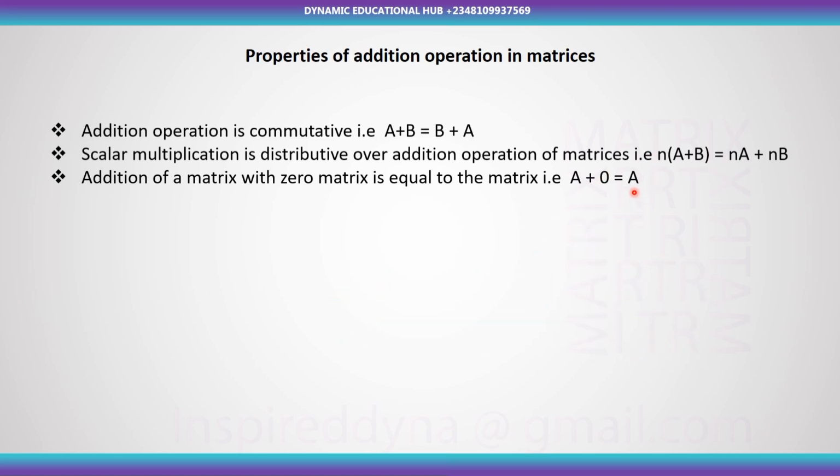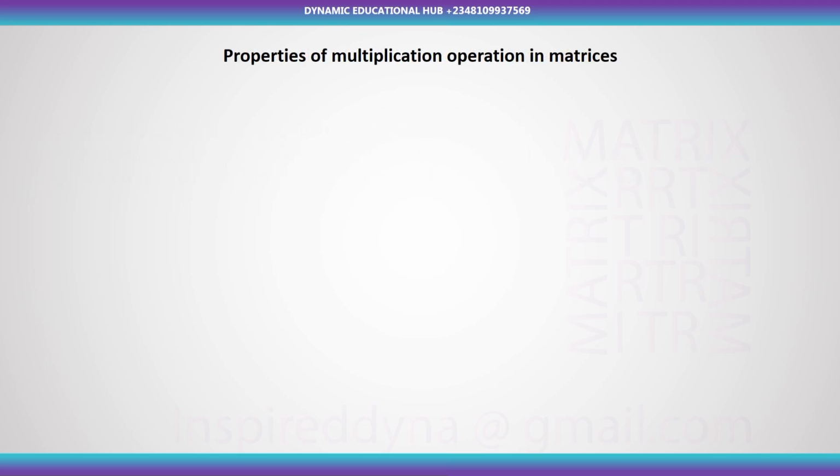Zero matrix has 0 0 0 as the elements of that matrix, so it doesn't change the result. It's just as if you're adding 2 plus 0 to get 2 back. So that is that. Now let's quickly look at properties of multiplication operation in matrices.